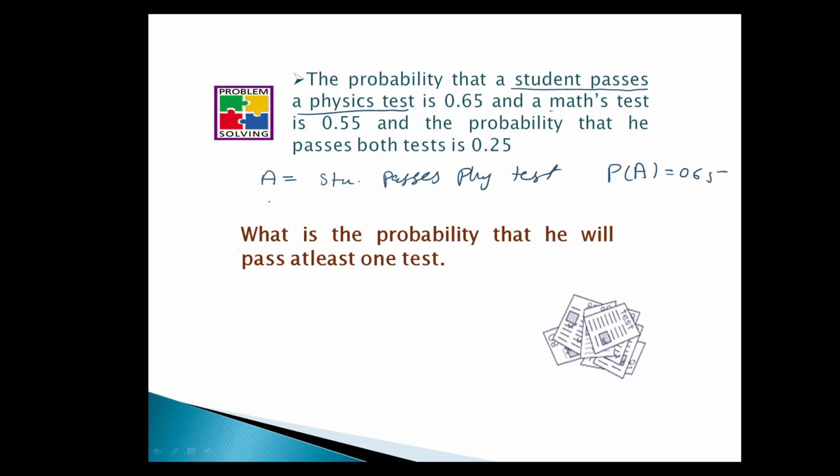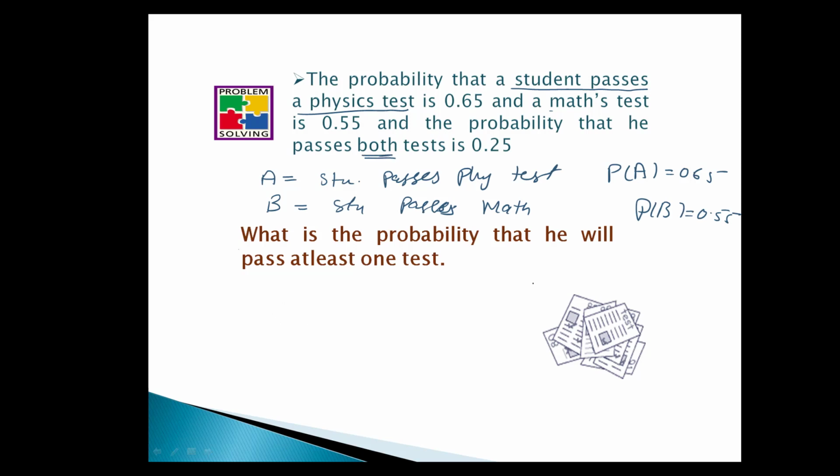So we see there is another event B, that the student passes the maths test, and the probability for which is 0.55. These two things are given to us. One more piece of information is given to us. The probability that the student passes both tests is this.